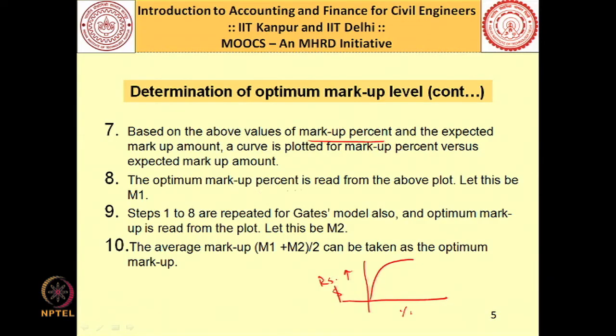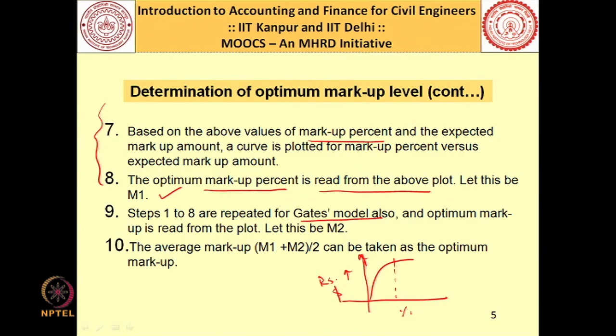Money in terms of rupees or dollar would be on this axis. Now, having done this, we can either read from the above plot the value of the optimum markup percent, or else you can do all these calculations in spreadsheets like Excel, and then you can directly get the optimal markup percent. Let this be M1. Now, all these 8 steps I told you just now, we do for Gates model also.